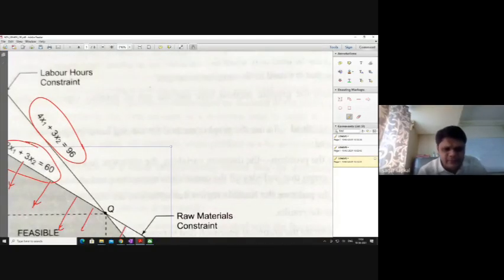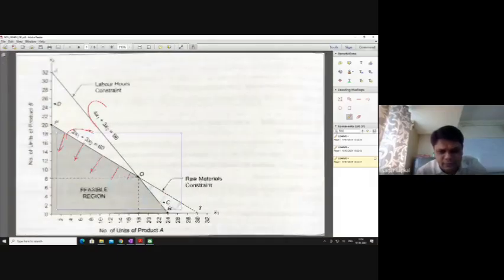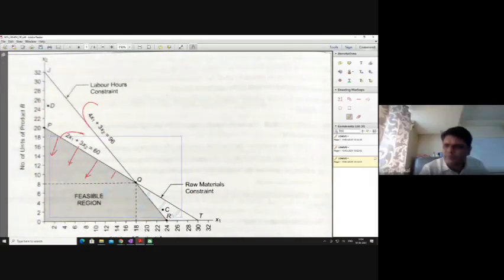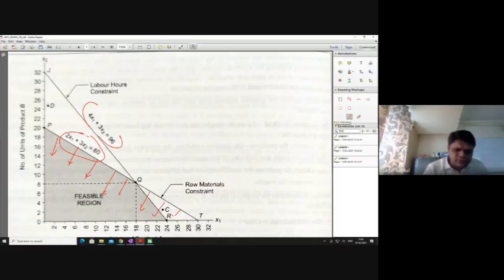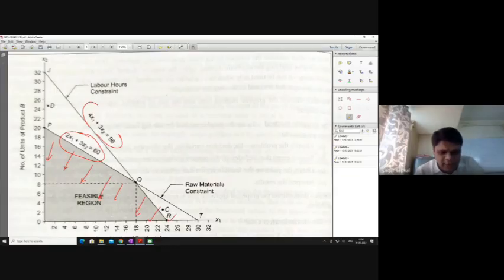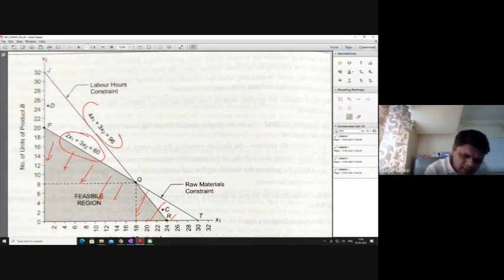Am I right? Yes, sir. Okay, for this particular problem, from this line, we have to select the area in this direction towards 0, 0.